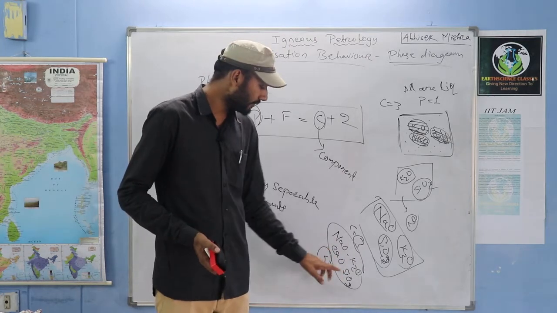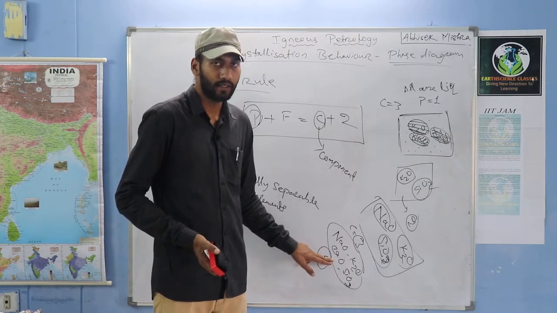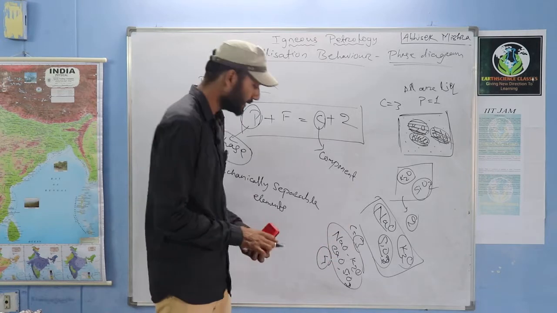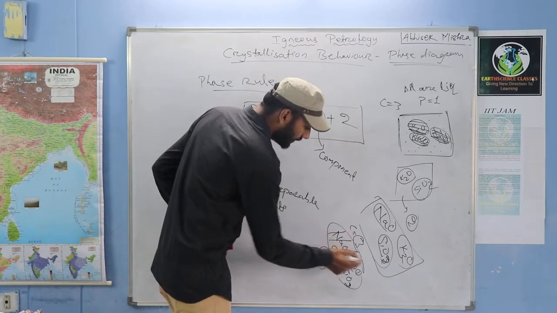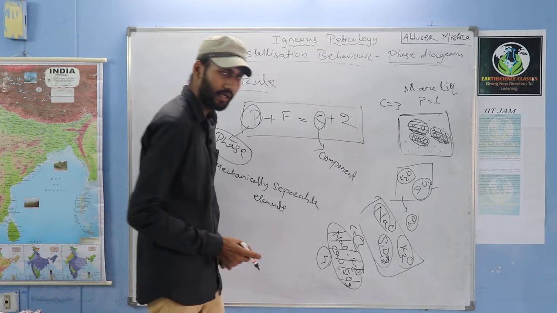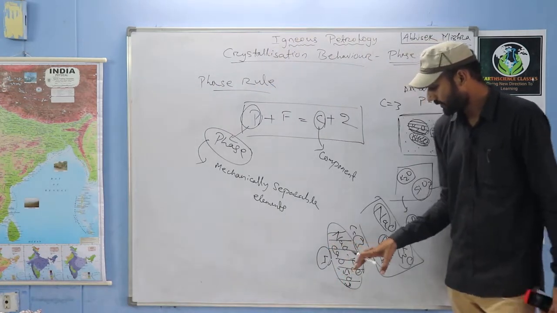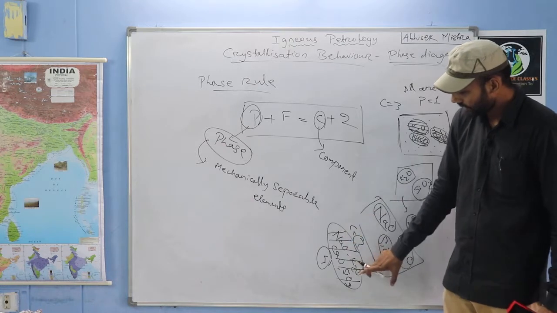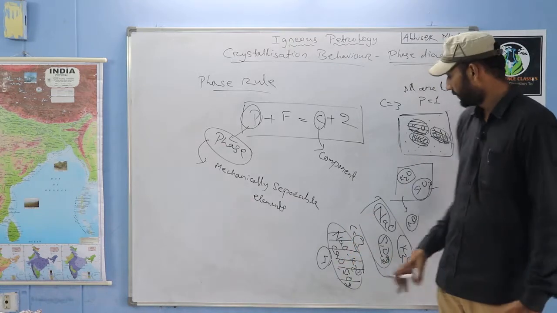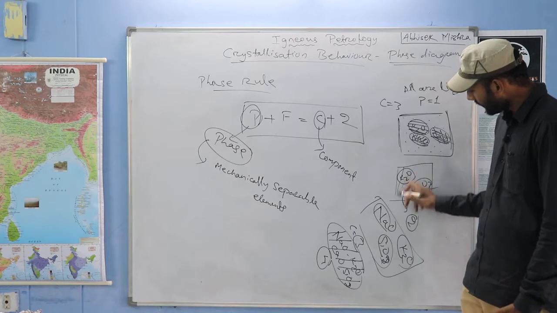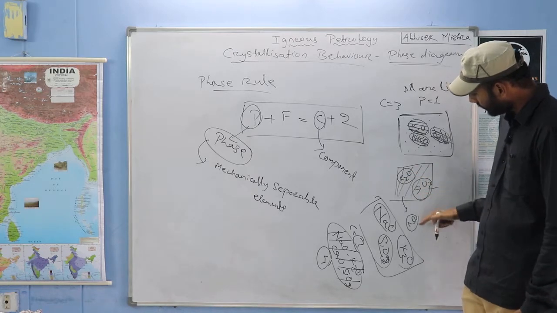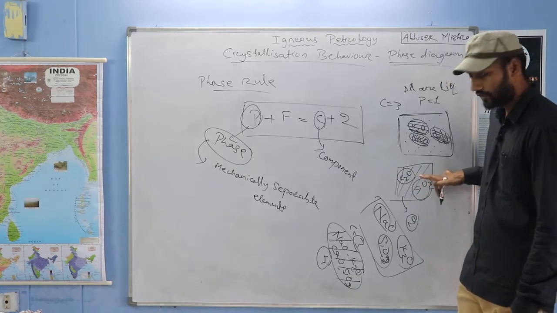Okay, the components are 4, but phase is 1 if all this is in liquid form. If all of them are in liquid form, you cannot separate each element, you cannot separate each component. That's why there are 4 components, but phase is 1. Here, if all these are in liquid phase, you can say 2 components and phase is 1.